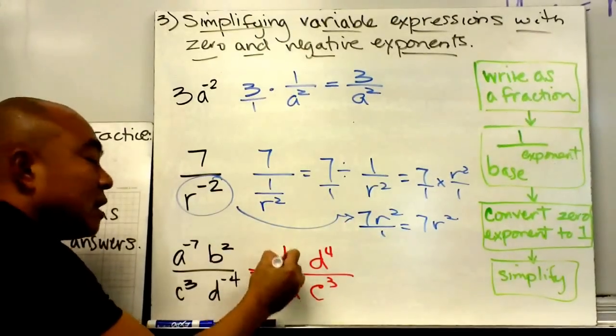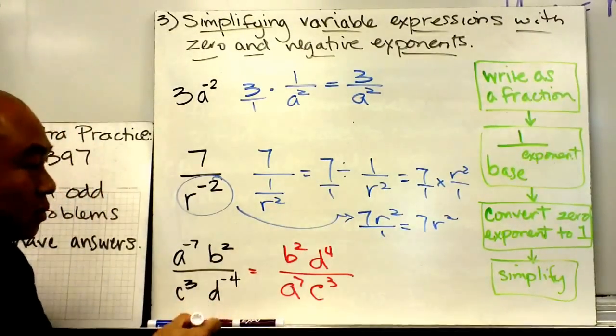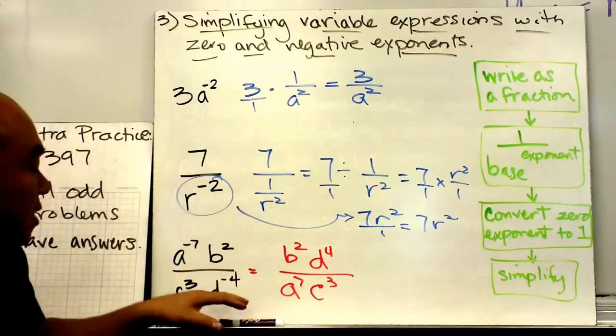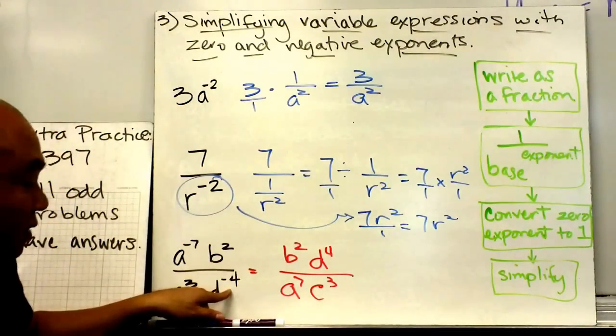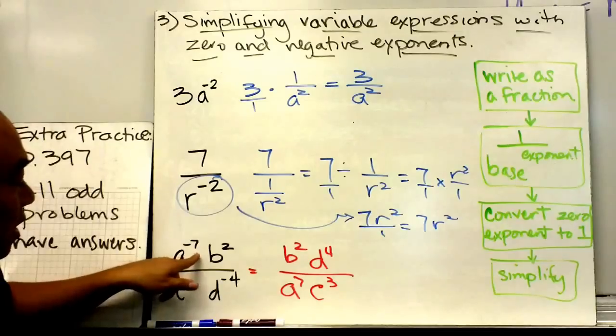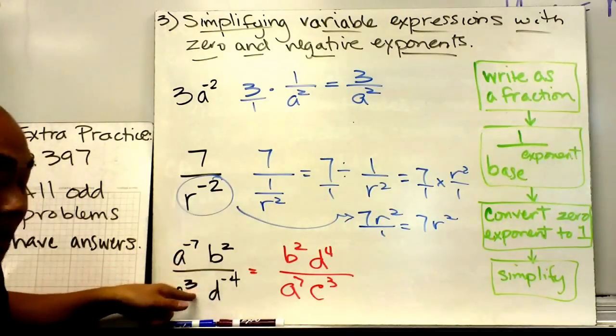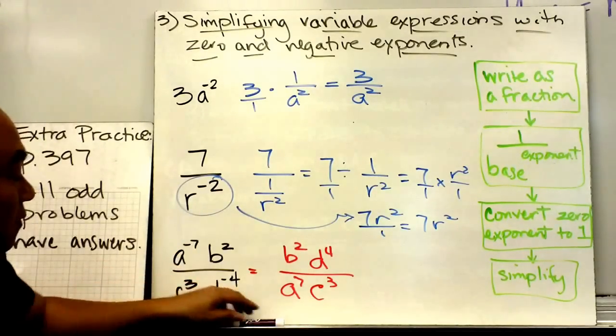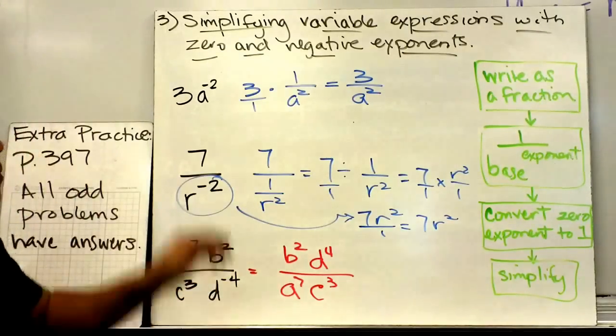And then don't forget, we still have our b to the second power. So just looking at this, because you have negative exponents on the numerator, that flips it down. When you have negative exponents on the denominator, that flips it up. So that's something I want you to keep in mind, okay?